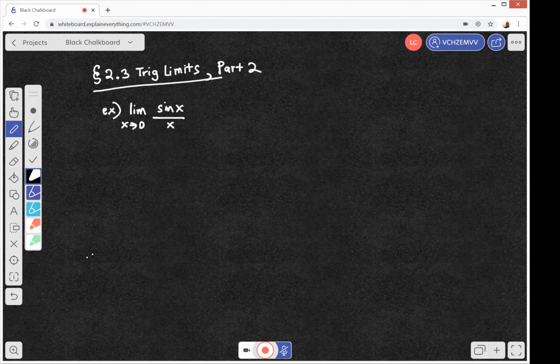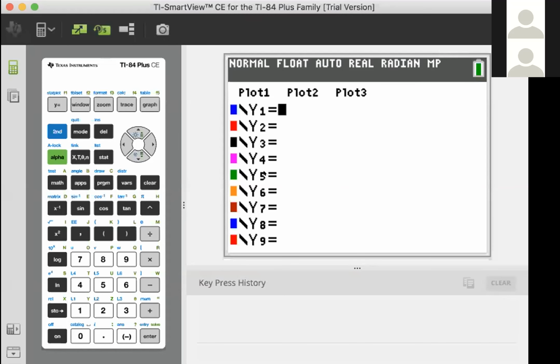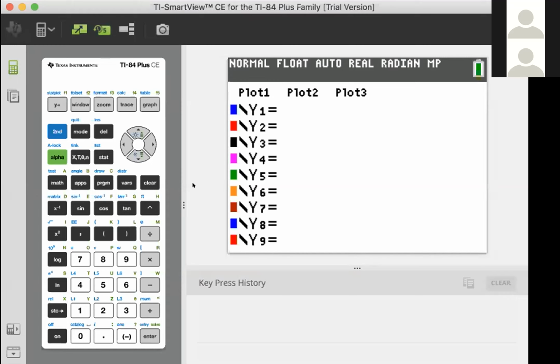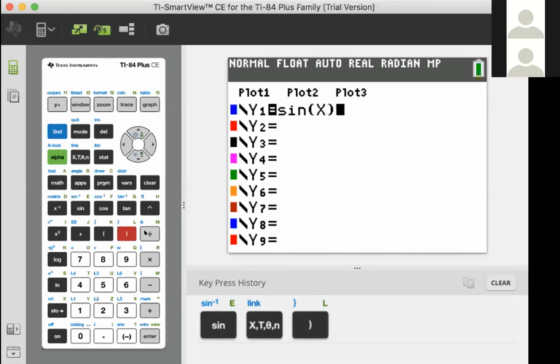So with the TI-84, we're going to type in the y equals sine x divided by x function. The sine button is two buttons above the 7, then you click the x, you close the parentheses, then you press divided by x. Sometimes this could get confusing in terms of the fraction notation.